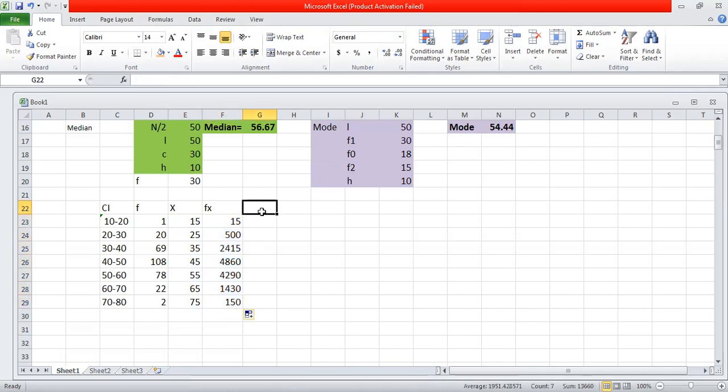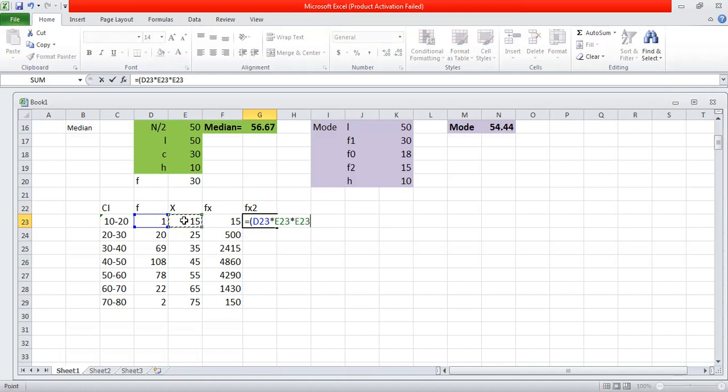Next is fx square. F into x square, which is equals to f value into x square, that is x into x again. So we get the value as 225. Now drag these values.